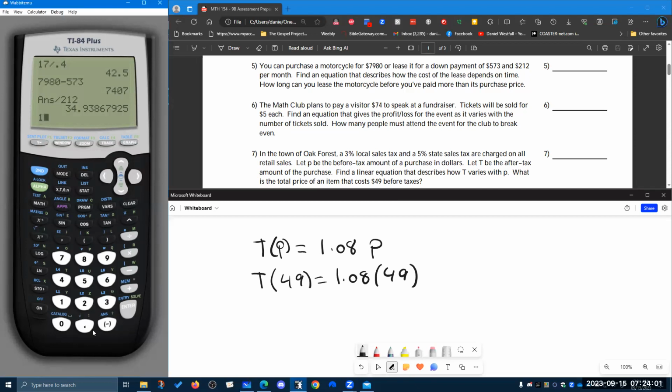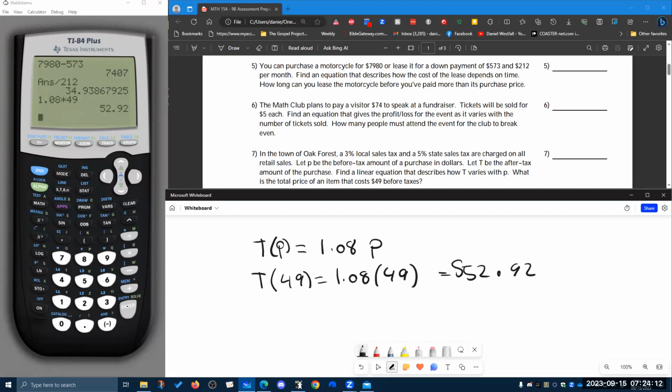So 108% of $49 is 52.92, and that makes sense as a decimal because we can have dollars and cents. We can go to the second decimal place in the context of this problem.